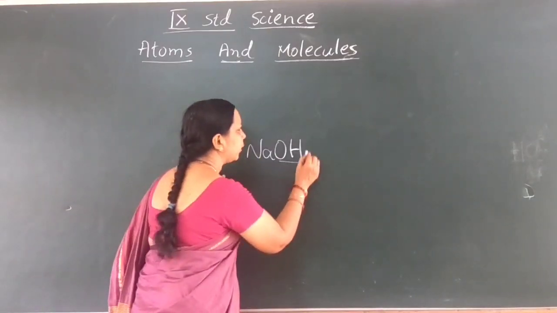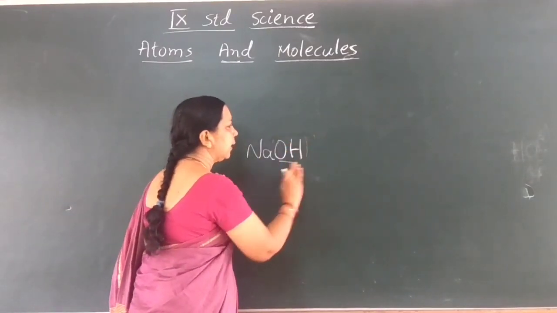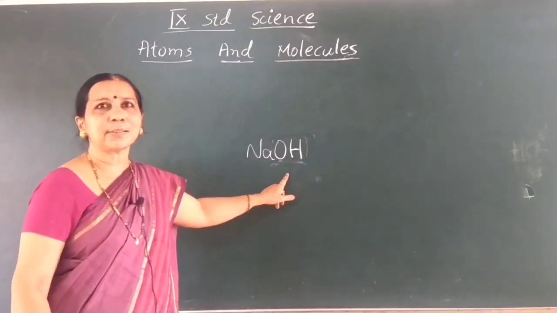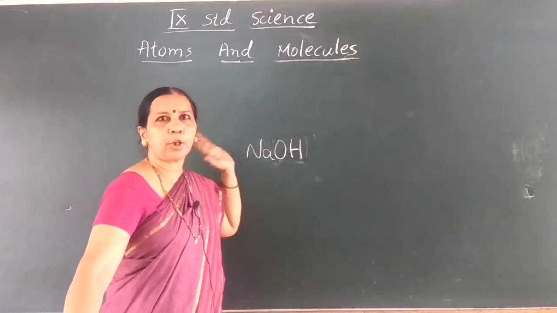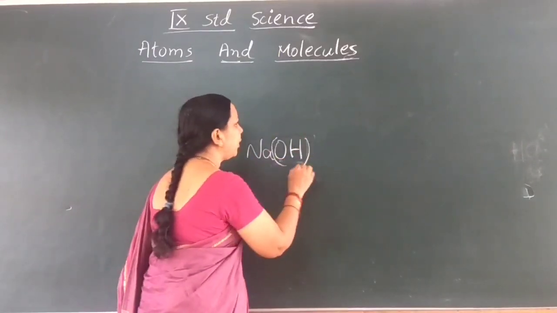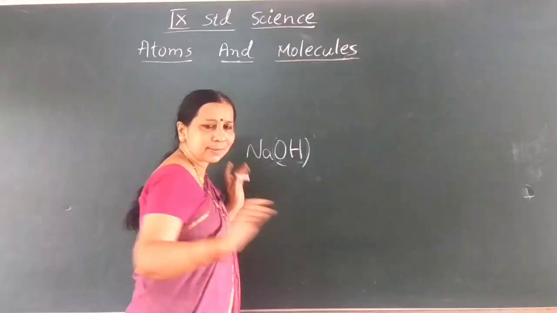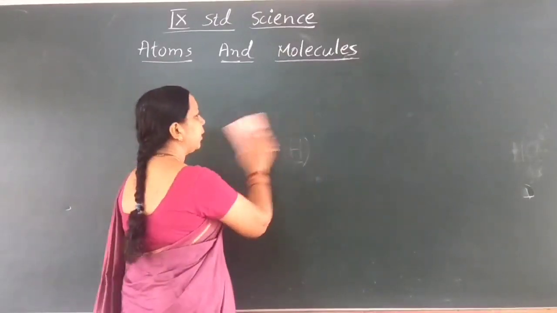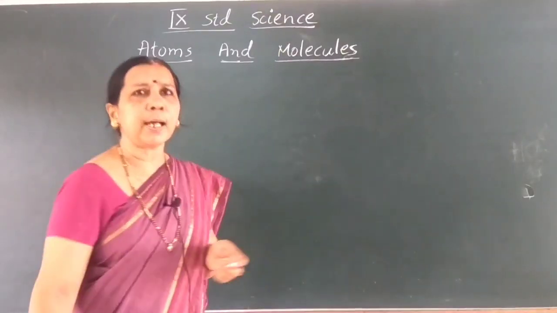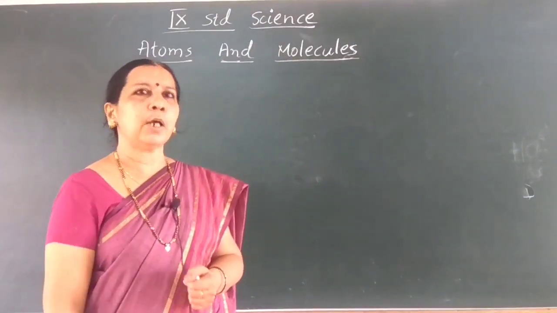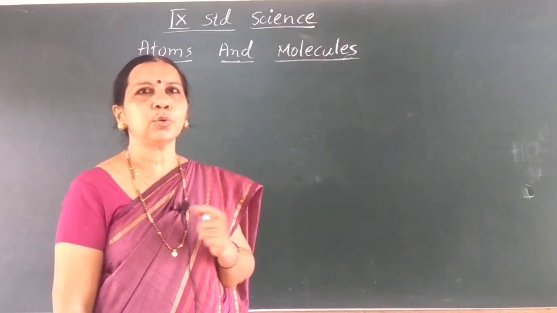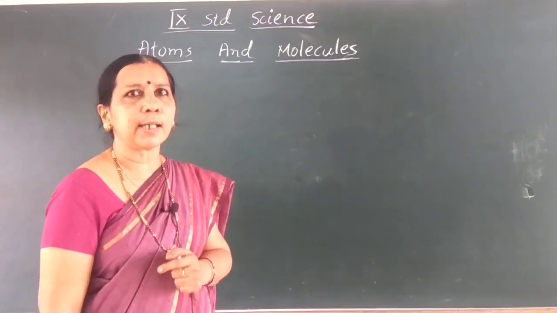Here there is a polyatomic ion, but the number of polyatomic ion is 1 here. So we need not keep this polyatomic ion in the bracket. Bracket is not essential. When you learn how to write formula, you will come to know how to follow the rule. Now let us learn how to write the chemical formulae for the compounds.